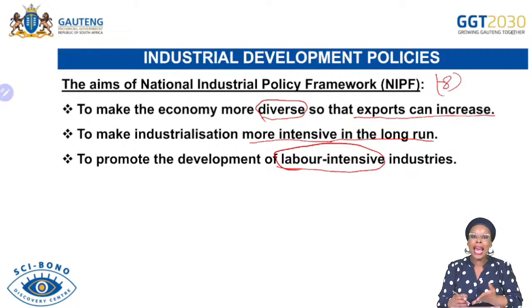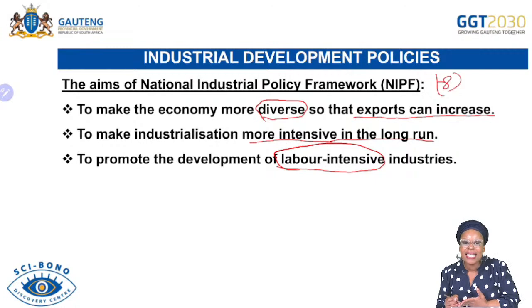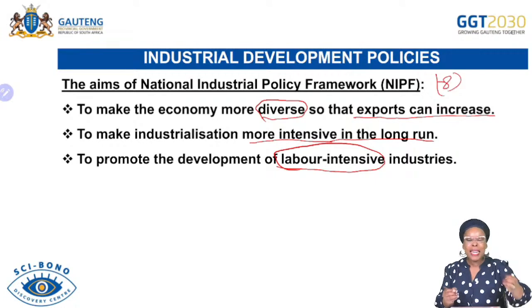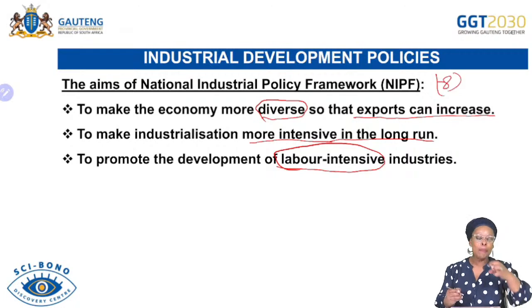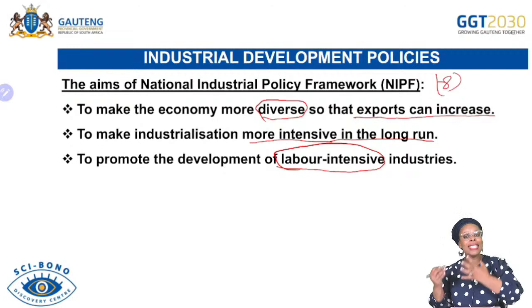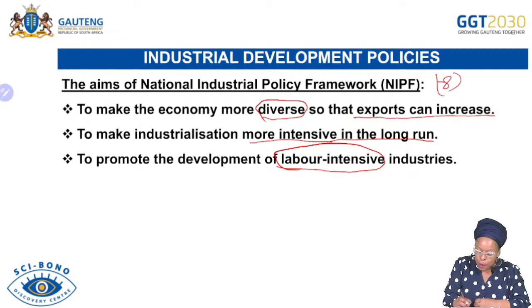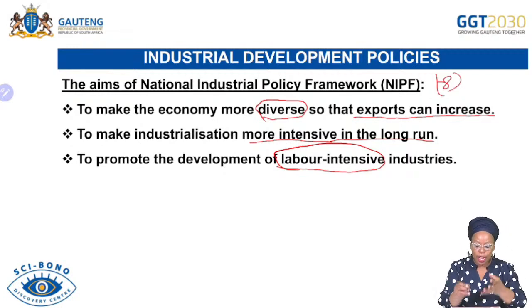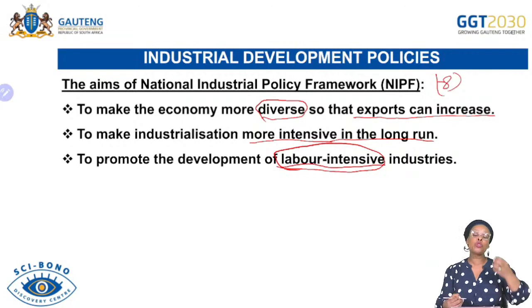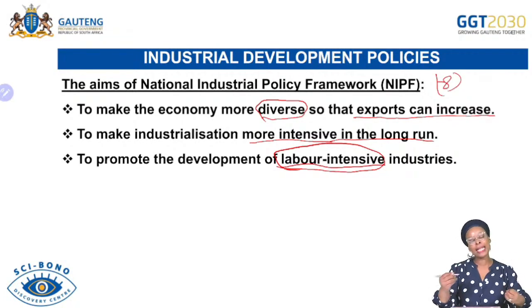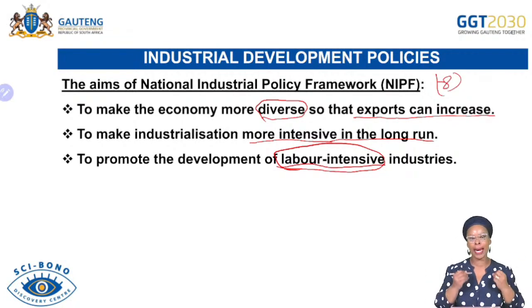If we use capital-intensive industries, it means that there will be retrenchments. There won't be jobs, because most of the jobs will be done by technology and machinery. But if we want to create more jobs through industrialization, then this should promote labor-intensive industries which use less technology, less machinery, but more workers.